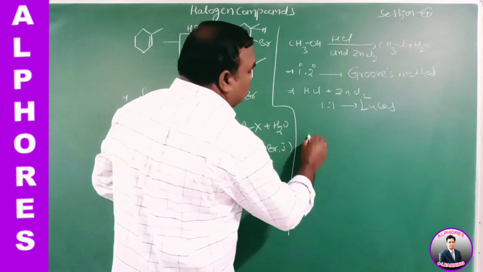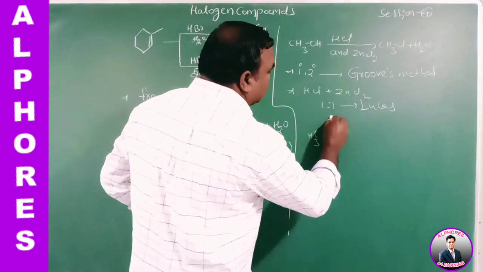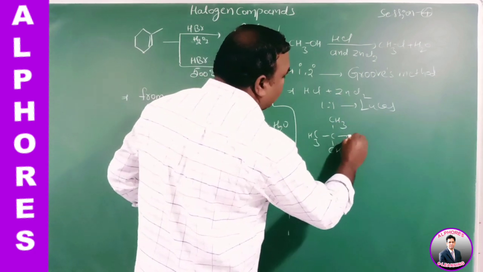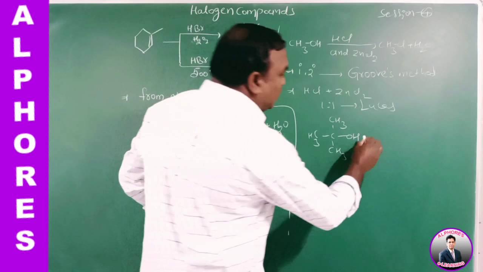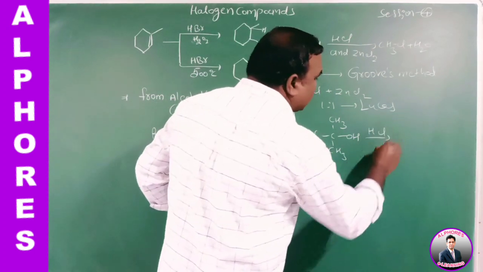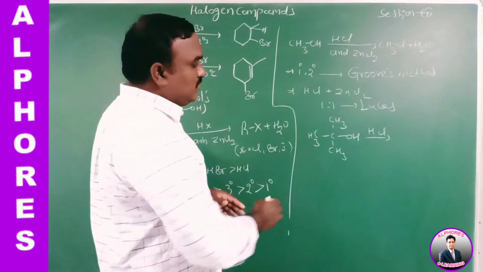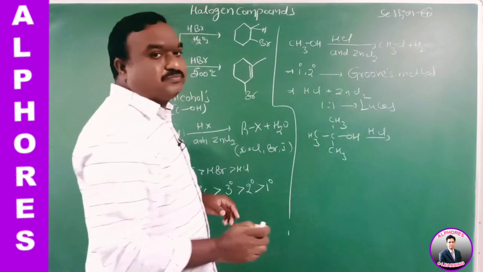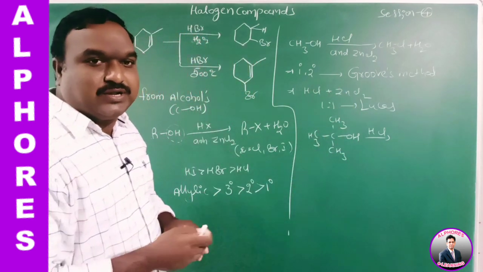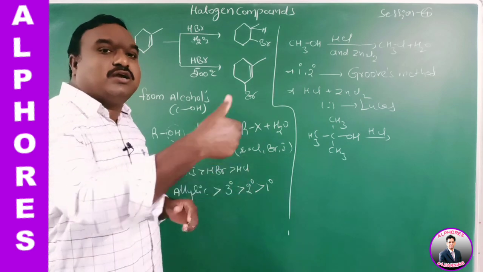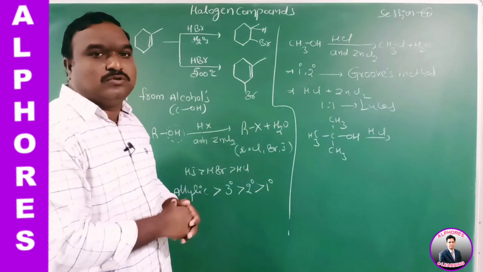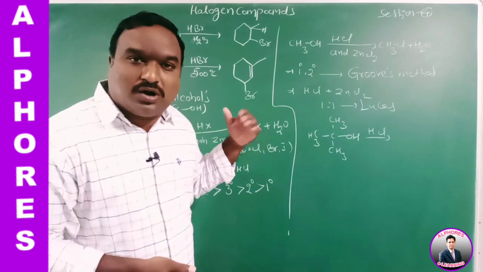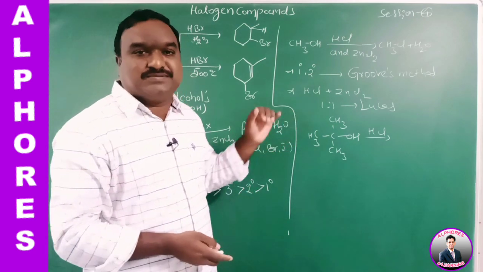For example, here CH3, CH3, CH3 and OH are given, with hydrochloric acid or hydrobromic acid. The given reactant is a tertiary alcohol. As I told you, tertiary alcohol reactivity is more, so in the absence of ZnCl2 also the reaction is possible here.